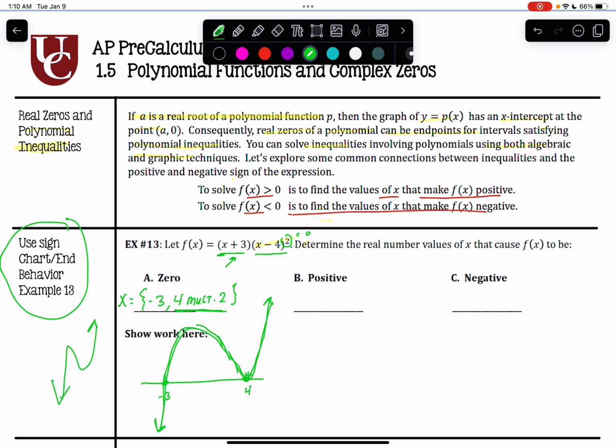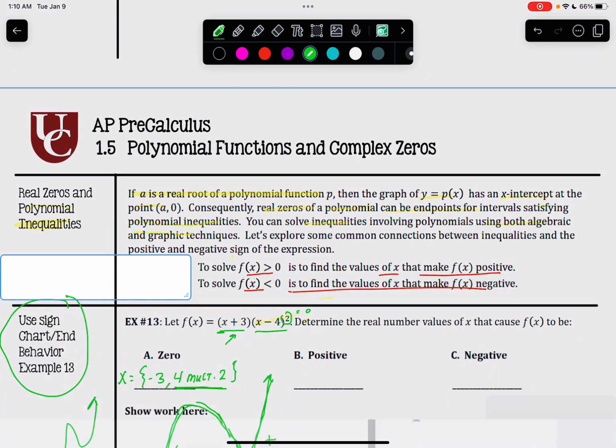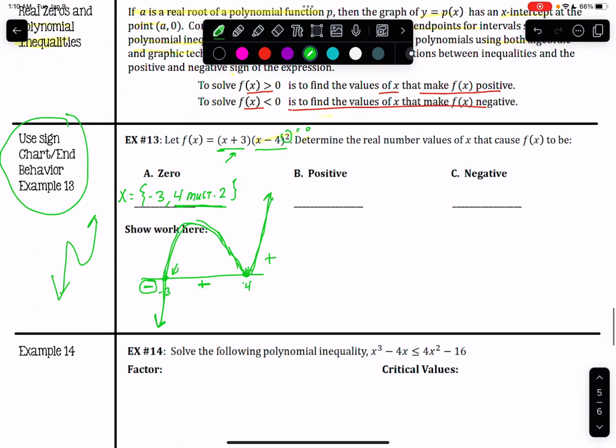If you look, the function is negative before negative 3, and then it's positive, and then it's positive again. Now I asked where it's positive, not where it equals 0, so make sure you understand that. So we're going to have to stop at 4 and not include 3 either, because the function equals 0 at negative 3, and the function equals 0 at 4. It's not greater than 0, which would be positive.